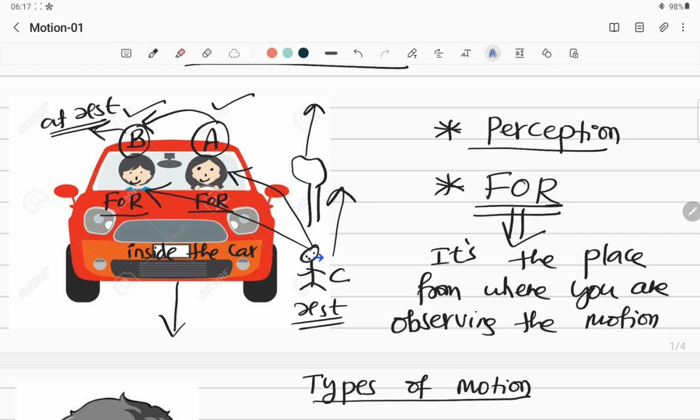And if you are standing outside at rest, you feel that the tree is at rest only. And if you are inside the car and you see this person, you will feel that this person is at rest. And if you are outside and see this person, you will feel that this person is moving forward with some speed. It's all about how you perceive it. Here the frame of reference is inside the car, here the frame of reference is outside the car.